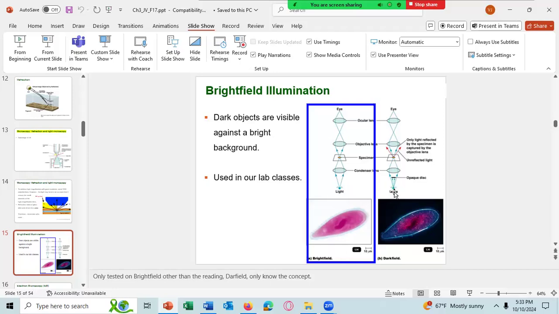Now, some light at an angle comes through the condenser lens and then comes to the specimen, but then the specimen refracts the light and can refract some of those light rays into the objective lens. And so the specimen is lit up, but it is darker than the specimen under bright field illumination.